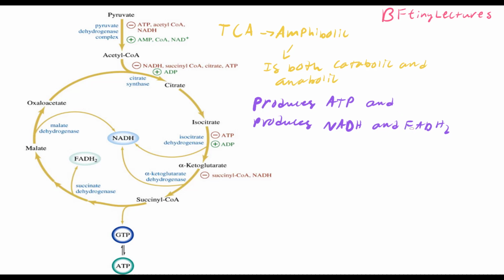Okay, so this is actually really important. The whole purpose of the citric acid cycle is to produce a little bit of energy, but the main reason is to produce these NADHs and FADH2s. So what do these guys do? They have a lot of energy, and they go into the cristae of the mitochondria, and they react with some complexes.